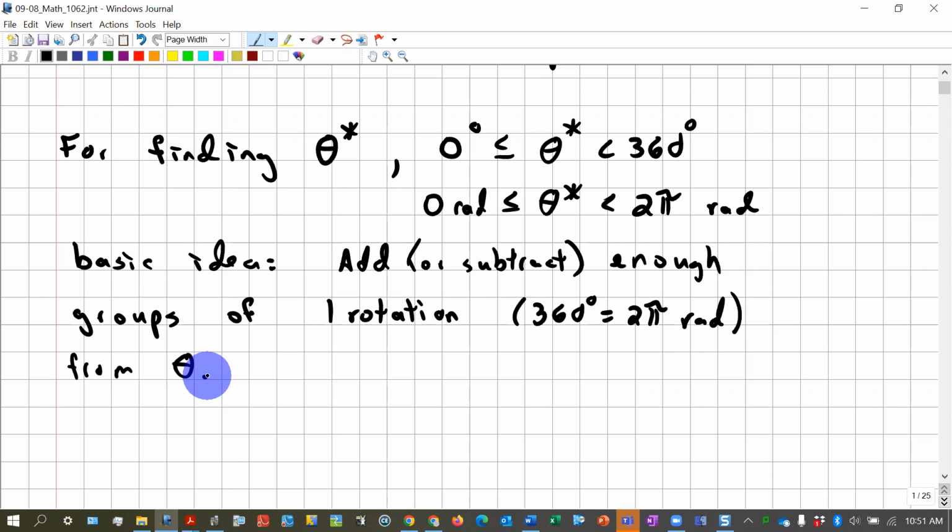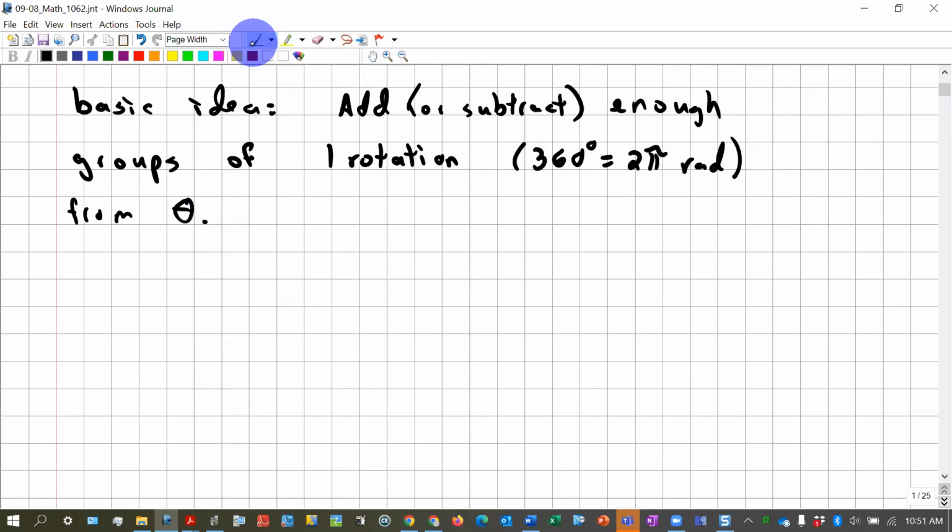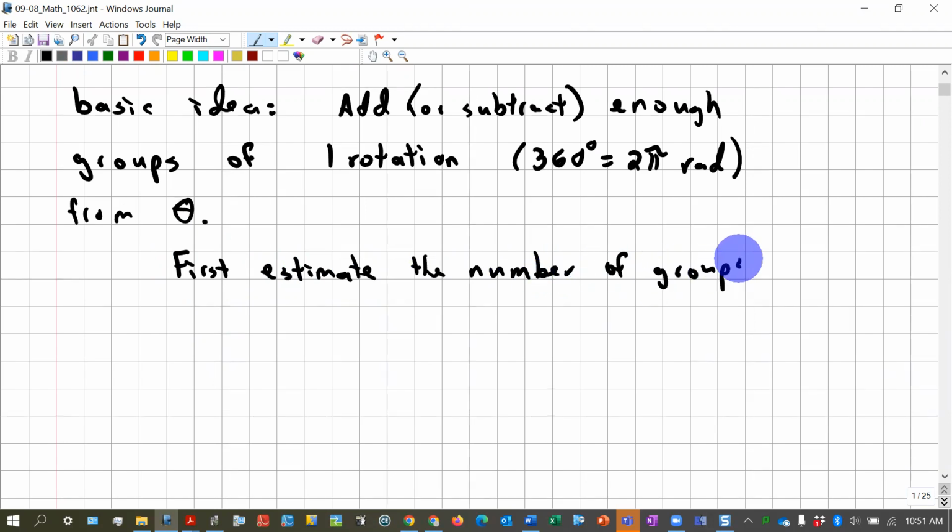If that's not less than 360, then you subtract another group of 360, etc. But you can save yourself a little bit of time by first estimating the number of groups that you will need to add or subtract, by taking theta divided by 360 degrees or theta divided by 2 pi radians.